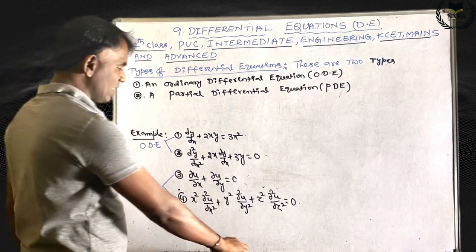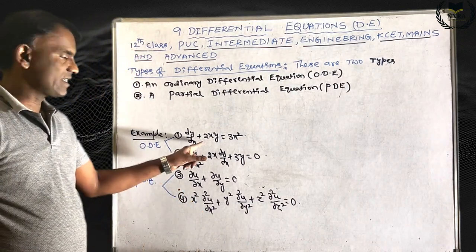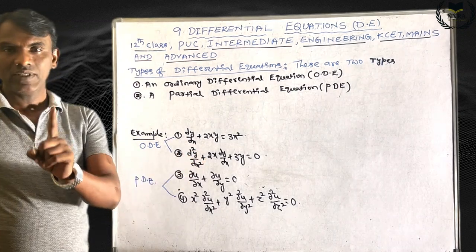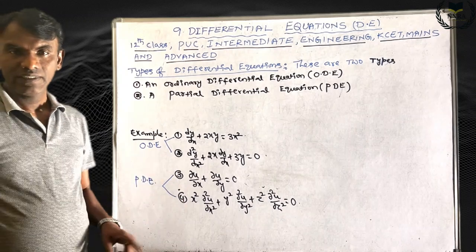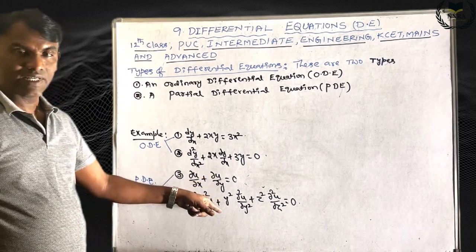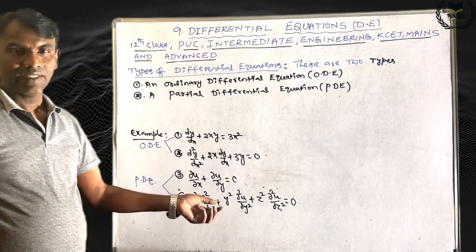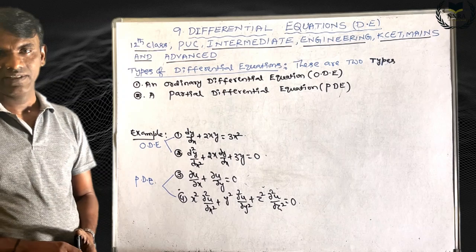So it's very simple. If you take the first two examples, the number of independent variables is equal to 1 only. And if you take the third one and fourth one, the number of independent variables is more than 1. More than 1 means either 2 or 3 or infinite. That depends on the given example or given question.